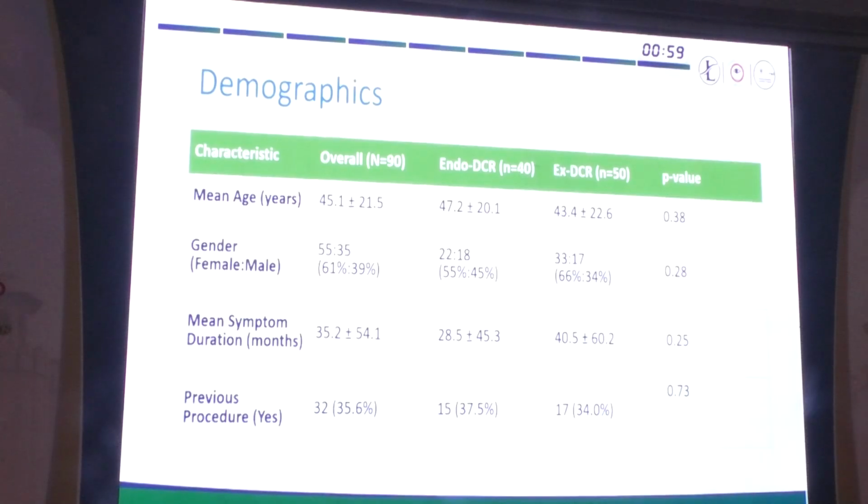We found that females are more affected: overall 61% of patients are female and 39% male. Mean symptom duration is 28.5 months in endoscopic DCR, and in external DCR, 40.5 months.